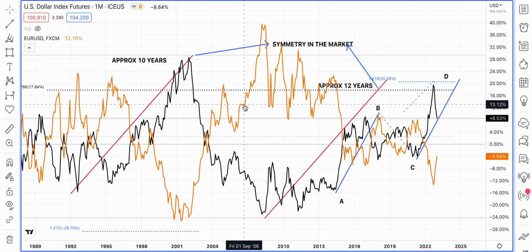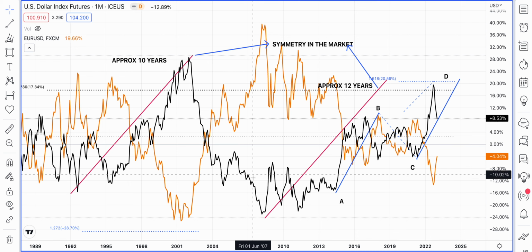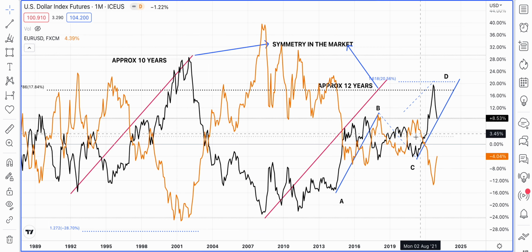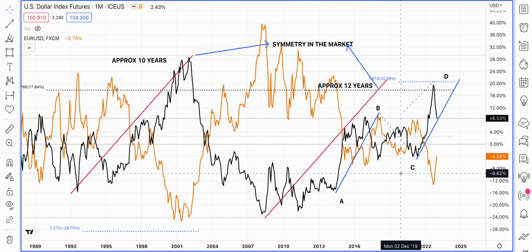The orange line we see is actually the euro market, and the black line is the US dollar. And they look like a mirror image of each other.